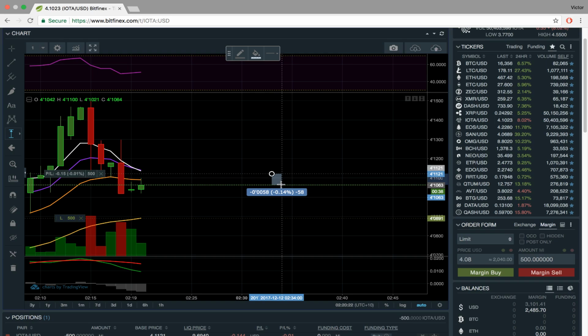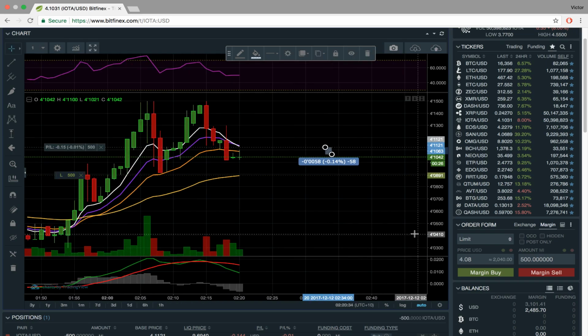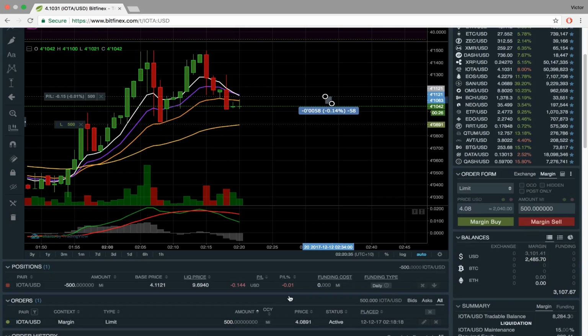Oh yeah, I forgot we're in the 1 minute chart, so it's very slowly moving. So at 0.4, 0.14. See, that alone there doesn't even cover your fees.